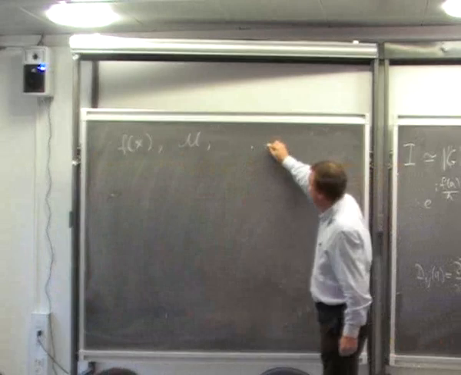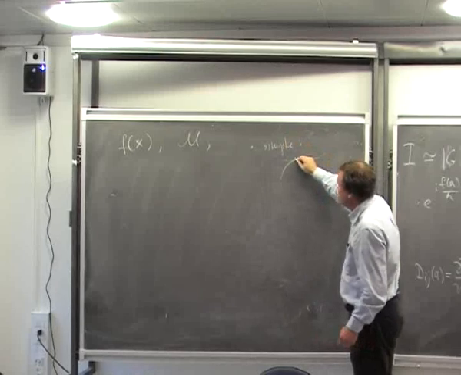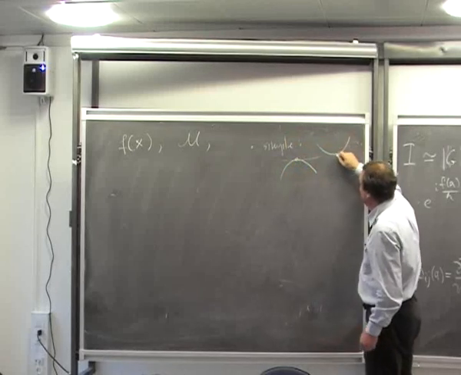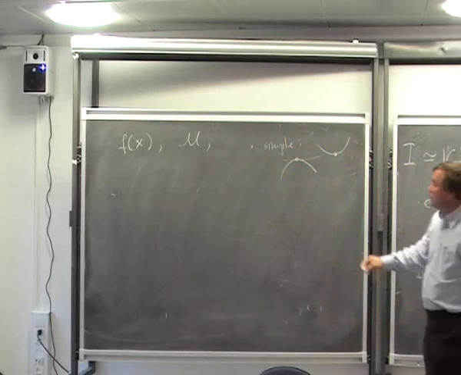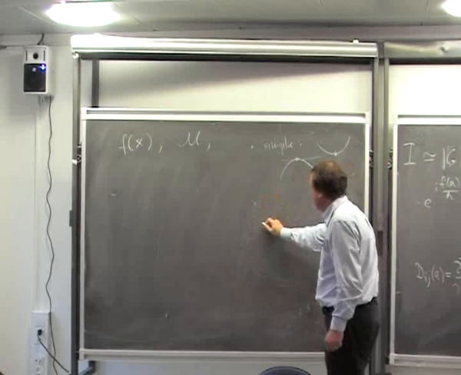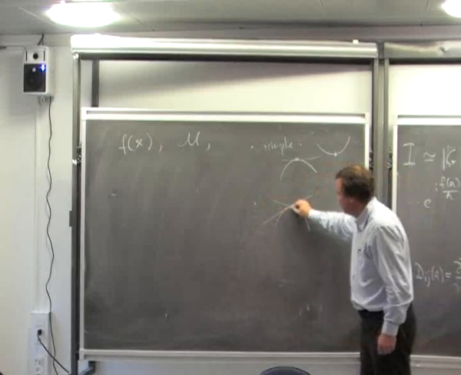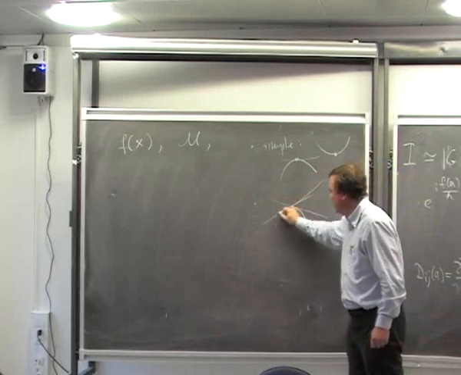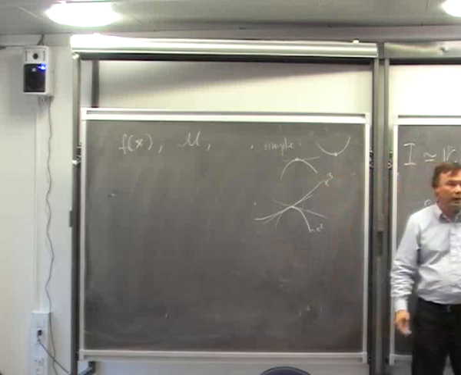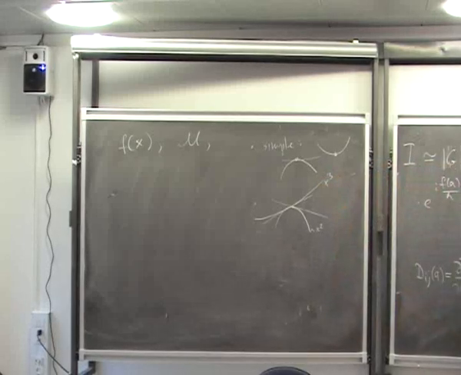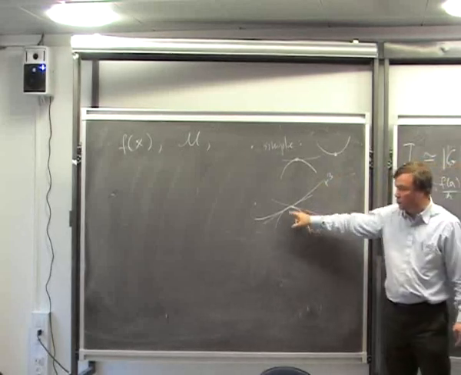It may have simple critical points, which means that in every direction it's a quadratic function. It may have something like this: there are two directions. In one of the directions it's a quadratic function, like x squared, in the other direction it's x cubed. This critical point is already degenerate. The Hessian at this point will be 0.